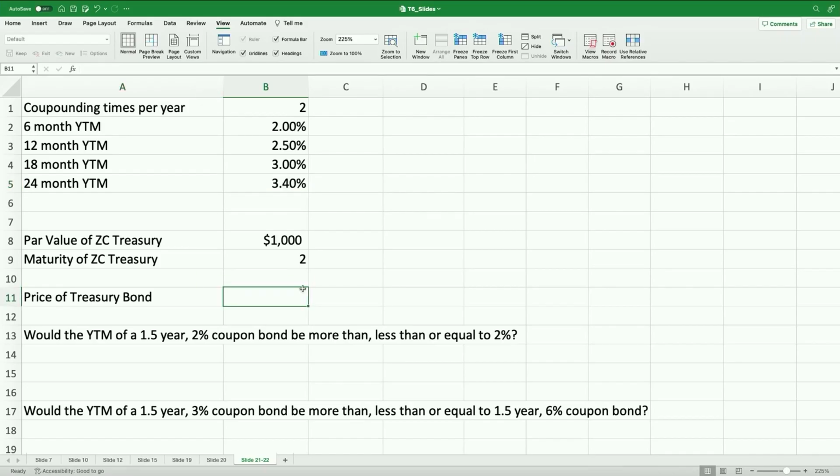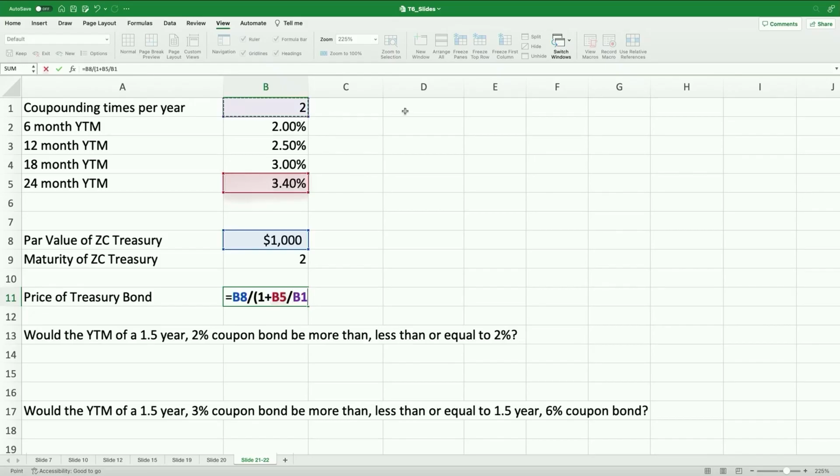Okay? So we essentially have $1,000 arriving 2 years from now, and we need to calculate its present value. We're going to calculate its present value by discounting it by the appropriate rate. The appropriate rate is going to be the yield to maturity of a treasury strip which matures in 24 months. So take this $1,000 and divide by 1 plus 3.4%. Remember, it's an APR with semi-annual compounding, so we have to divide by 2.